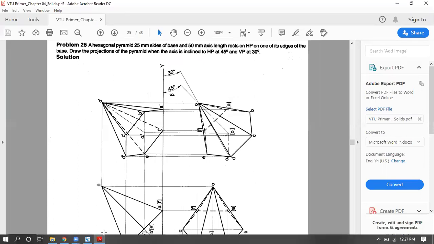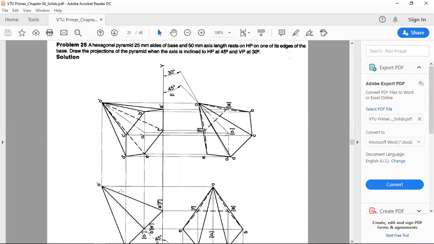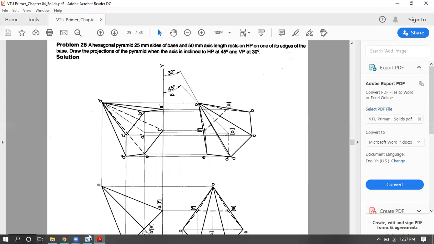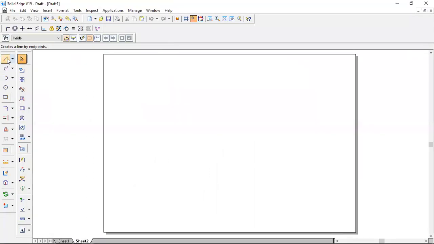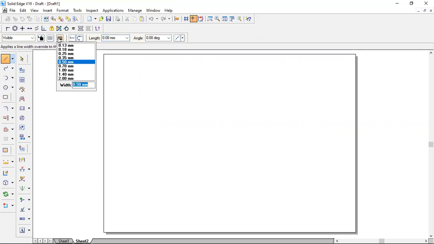So now you draw the hexagon, keeping the edge on the right side. Take the line command. So 25 mm enter, 0 enter, 25 mm enter.